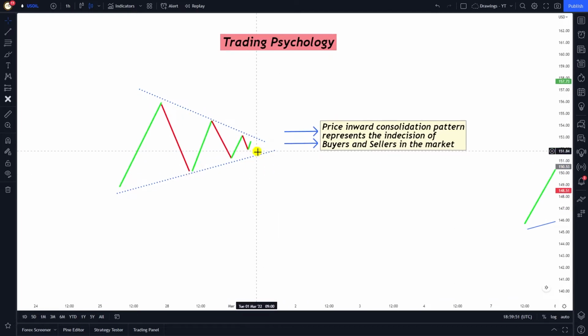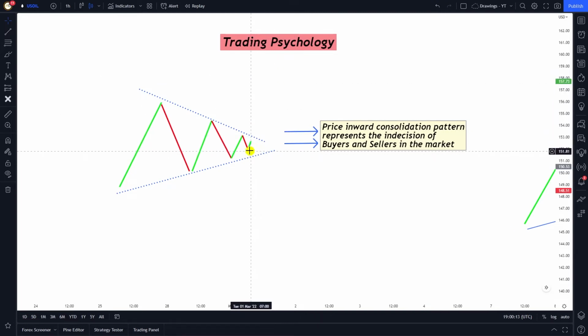Whenever the breakout happens, it means that after this indecision phase, either buyers or sellers have taken control. If the breakout happens in the bullish direction, then after this long indecision phase, the market has decided to move in the bullish direction and buyers are in control.